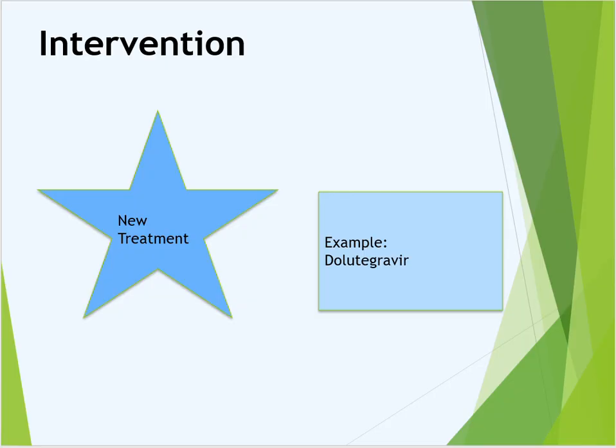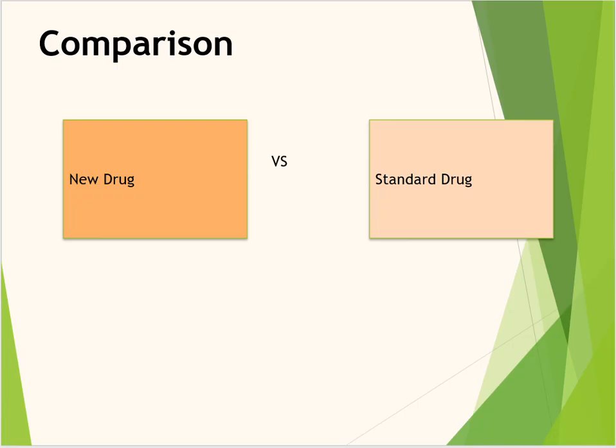I said PICO, P for population, I for intervention, and then we have the comparison, that is C. For example, I could be studying adult patients who are HIV positive and are being treated using a standard drug.